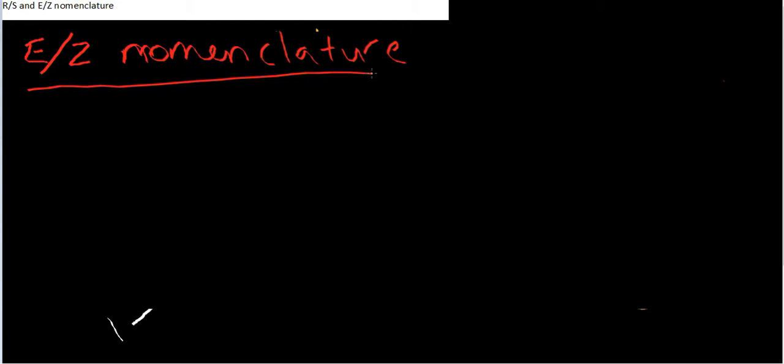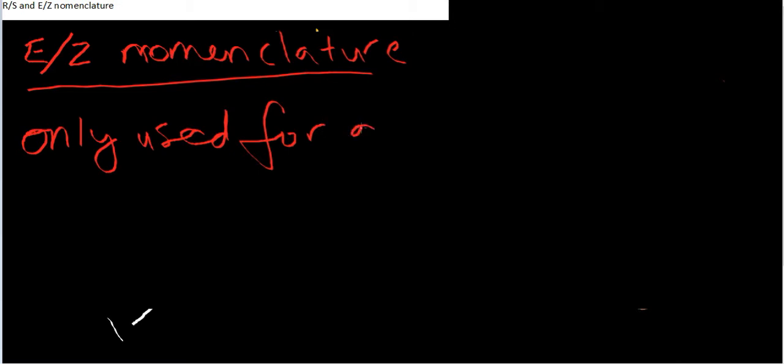Try to remember that it's only used for alkenes. That's one way not to get confused when you're doing RS and EZ. The EZ is usually or always used for alkenes.